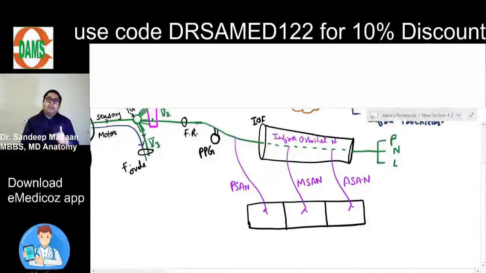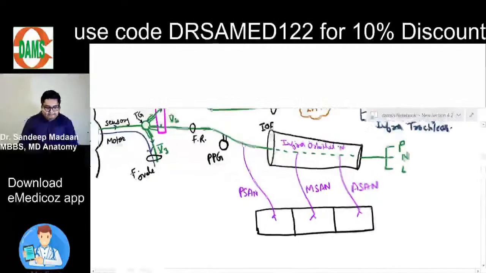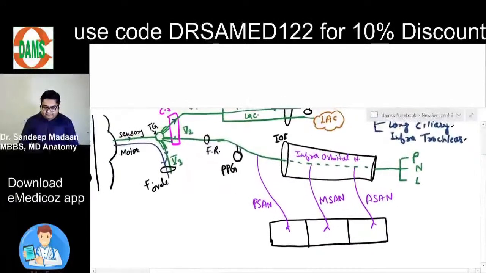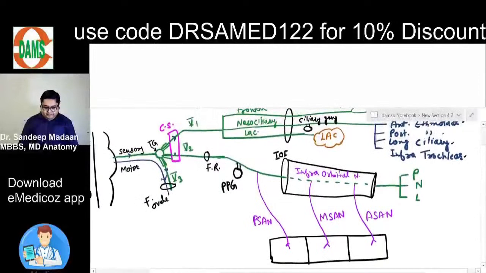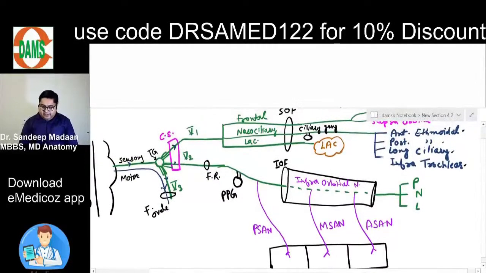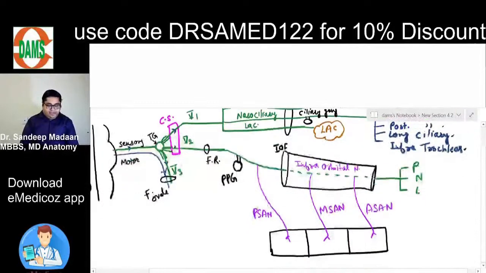Posterior superior, on the other hand, is a direct branch of maxillary nerve. Is that clear? Are you guys understanding? Yes? Are we done up to this? Is it clear? Yes? Okay.